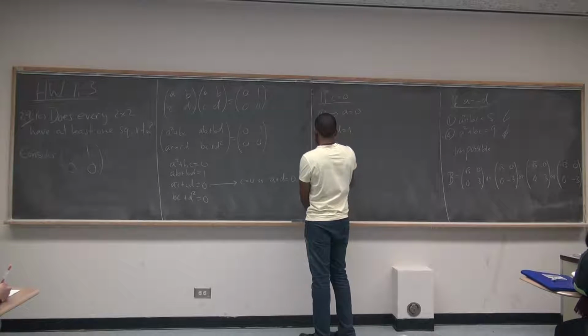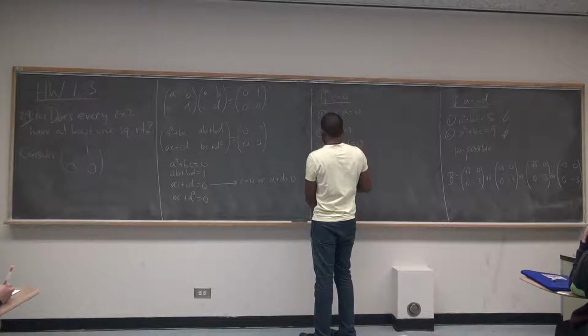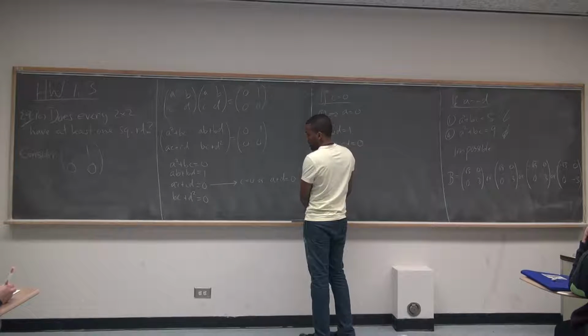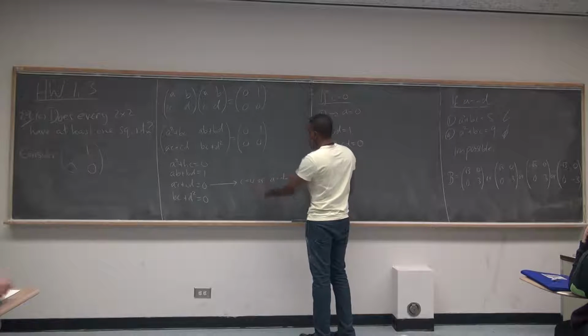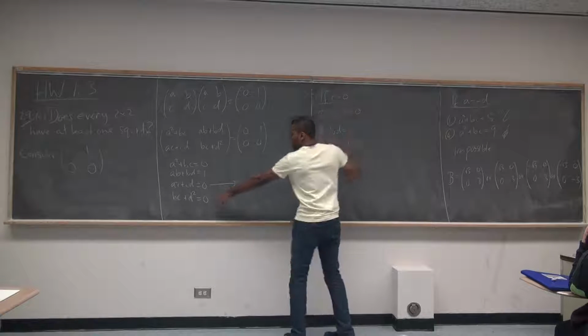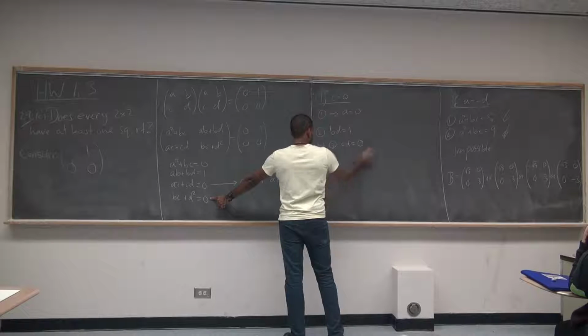But equation 3 would tell us what? CD equals 0, in which case it doesn't really tell us anything about that guy. But we know C equals 0. So from equation 4, I would get D equals 0, right?